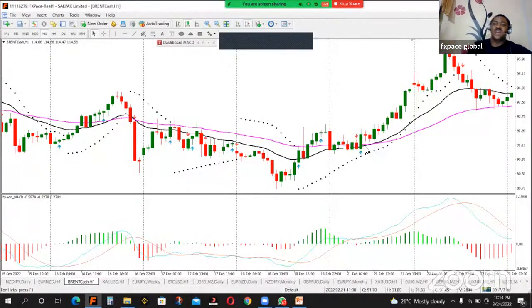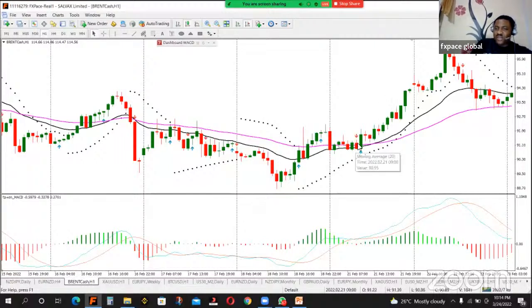It crossed it, and the direction it crossed is where you're going to trade, which is a buy. The market was buying for the smaller period moving average to have crossed. As it crossed from below to above, it means a buy bias.